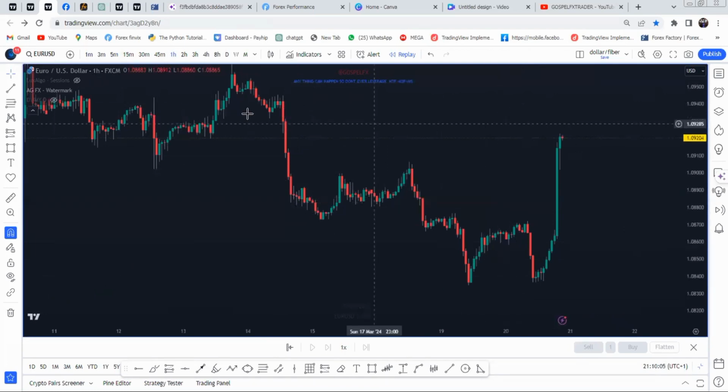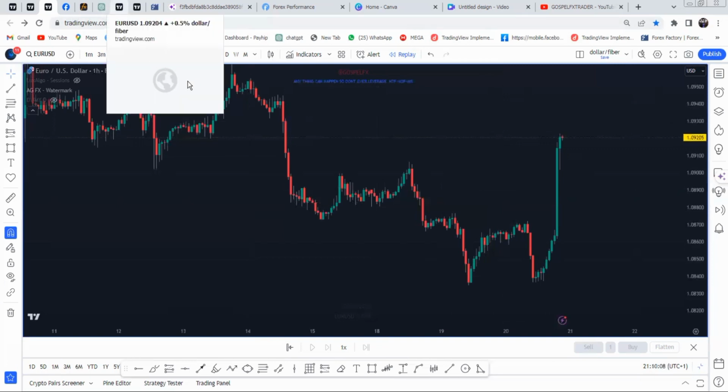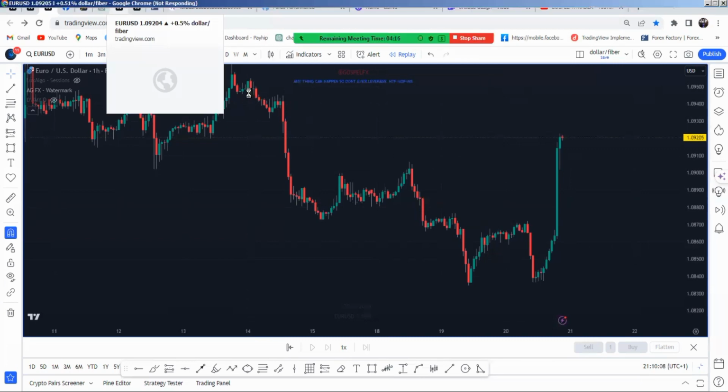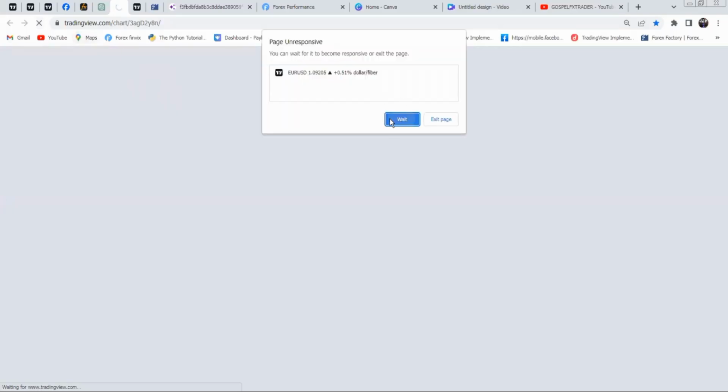Oh, I wanted to even look at something here. I'll see if I can have three layouts, so that I can have cable, Euro USD, and DXY on the same asset to see how the correlation was today.